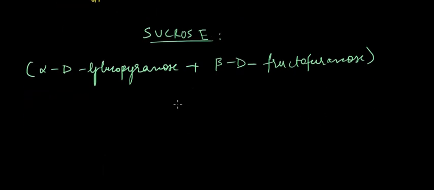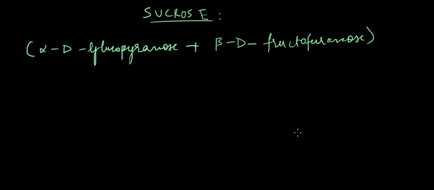So what would be the structure? First let us draw the structure of beta D fructofuranose. It would be something like this. We have seen the structure a few seconds back. You can go and recollect it if you are not able to.